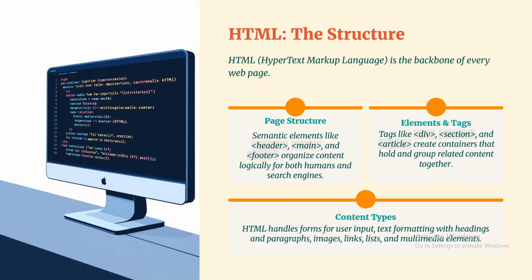For example, h1 for main headings, p for paragraphs, the img tag for images, and the a tag for anchor text. We will learn those tags in the next lessons on HTML. In the HTML classes we will learn all these tags step by step. Those tags are what we use to represent content. These are all the things we are learning in HTML.